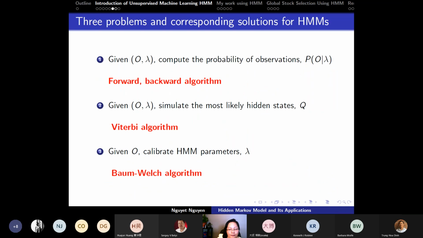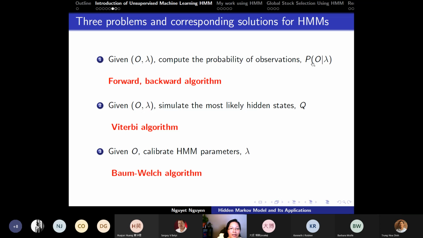So this is the process of using the hidden Markov model. There are 3 problems that we can use the hidden Markov model to do. The first one is if I have the model already. So I have the observation data, and I have all the parameters for the model: the transition matrix, the observation probability matrix, and the initial probability vector.